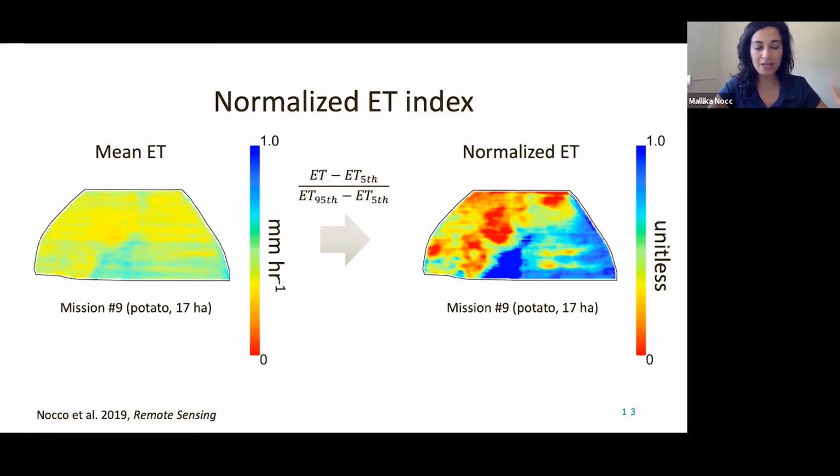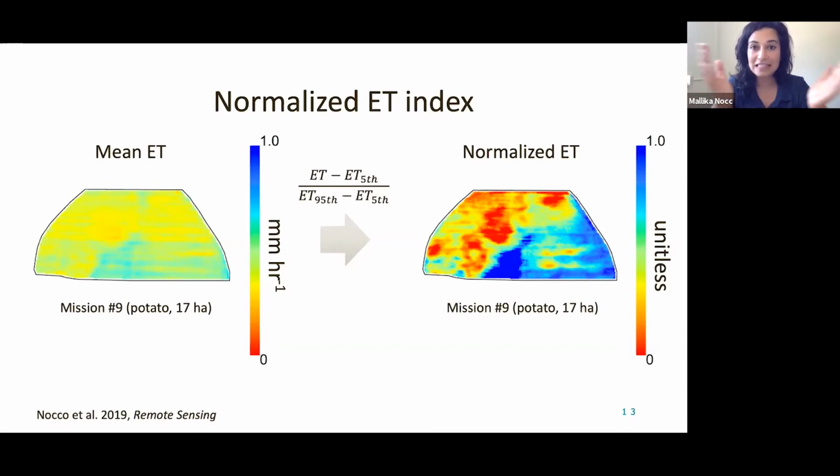So HERMIT uses a meteorological station that's on site or very, very close to on site, and makes the assumption that the air temperature is equivalent to what the canopy temperature would be if 100% of the energy budget were going to sensible heat flux.